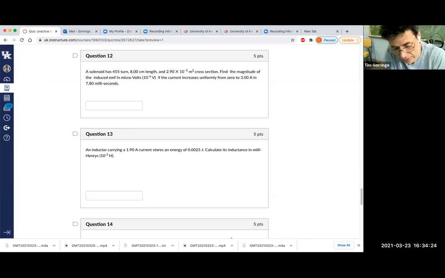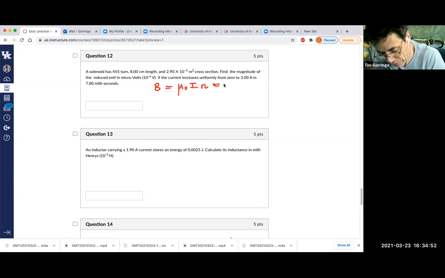So let's do that. The change in magnetic field is actually the final magnetic field. That's because we've got a solenoid that was off and then turned on. And so the change is actually the final field. And for a solenoid, that's mu naught N i.